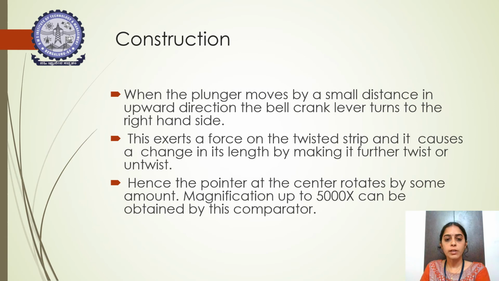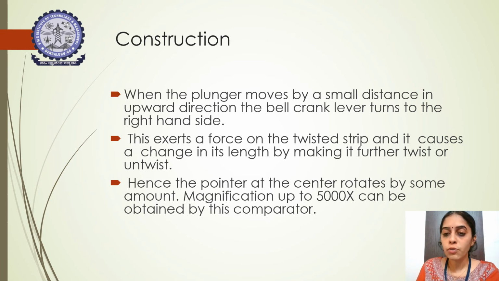Okay, so here you can see, if the plunger moves a very small distance in the upward direction, the bell crank lever turns to the right hand side. You have to be careful here. When the plunger moves by a small distance in the upward direction, the bell crank lever turns towards the right hand side, and vice versa. This exerts a force on the twisted strip.